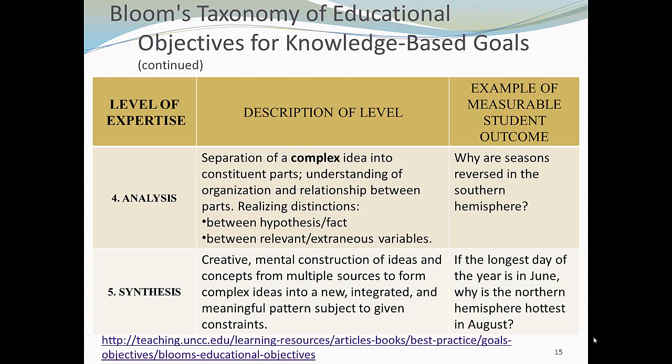And then at the synthesis level, the mental construction of ideas and concepts, forming something new, a new product, a new framework, is at the highest level. An example of that would be, if the longest day of the year is in June, then why the counterintuitive result that we're hottest in August in the northern hemisphere?